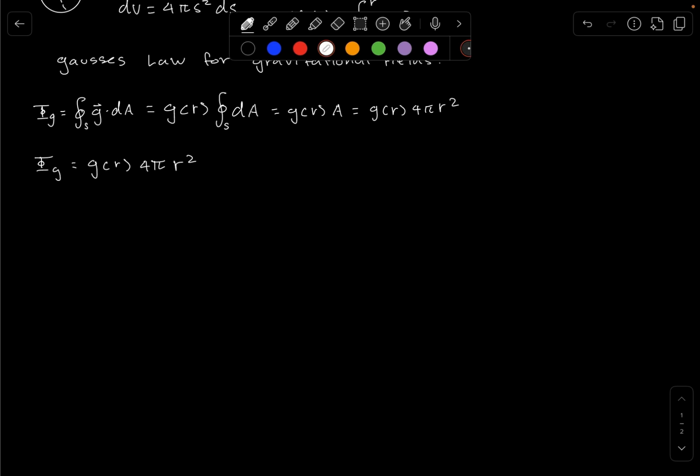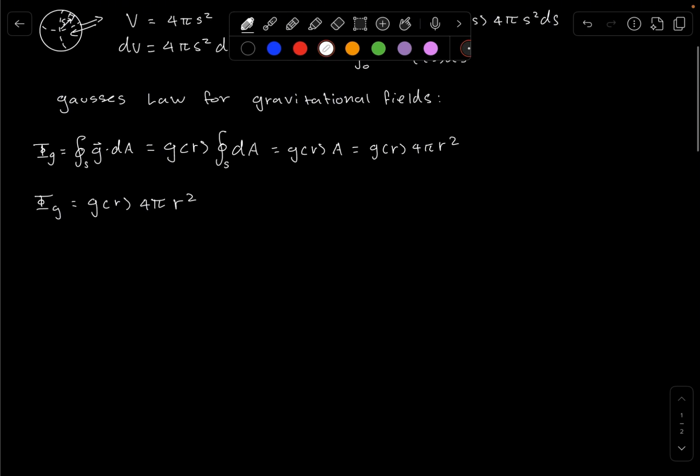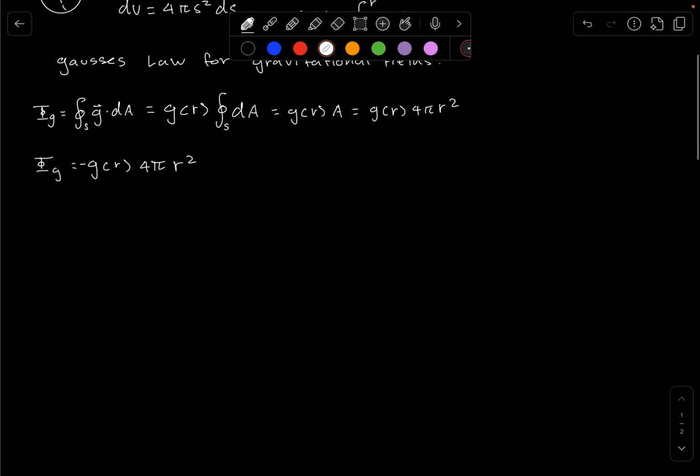Okay. And also, since this would technically have a cosine theta because of the dot product, and since they go in opposite directions, there's a negative sign out here.